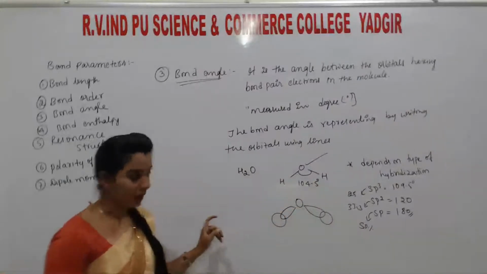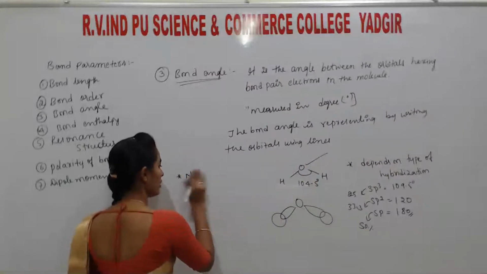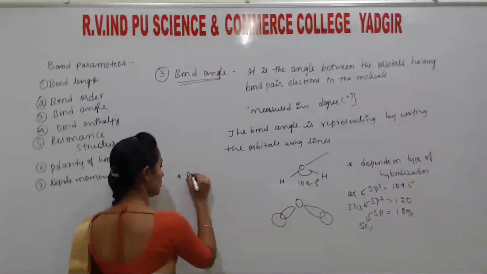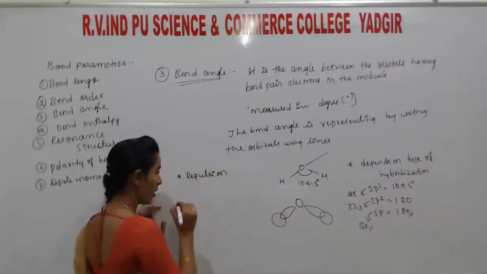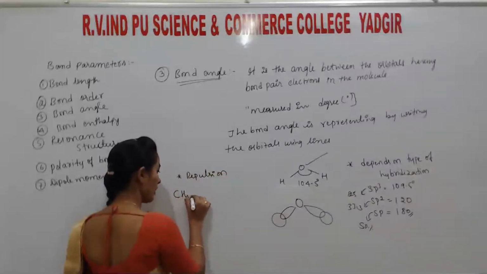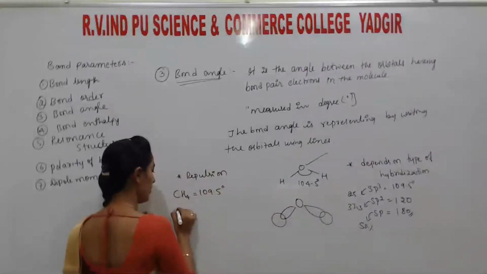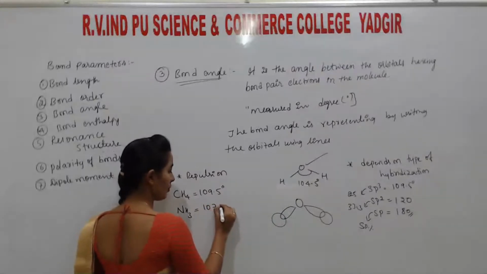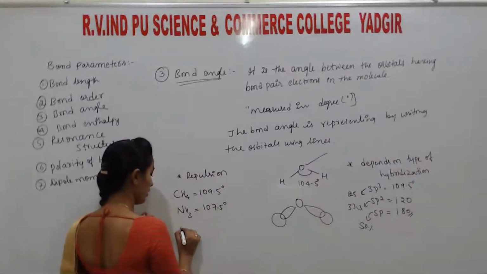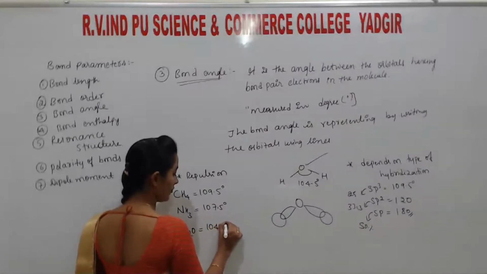And at the same time, it also depends on repulsion. How? Because CH4 molecule bond angle is 109.5 degrees. NH3 molecule bond angle is 107.5 degrees. And H2O molecule is 104.5 degrees.